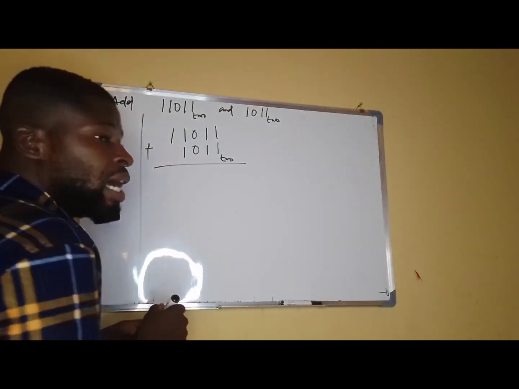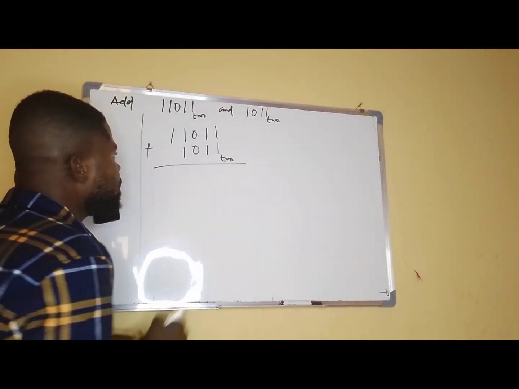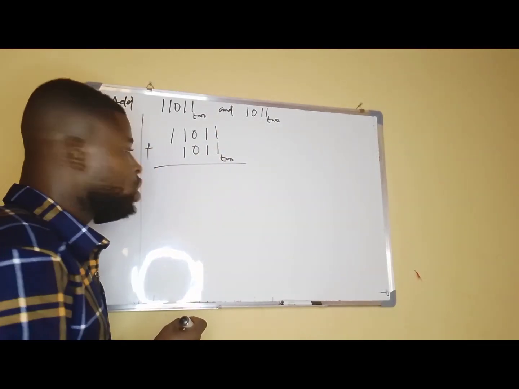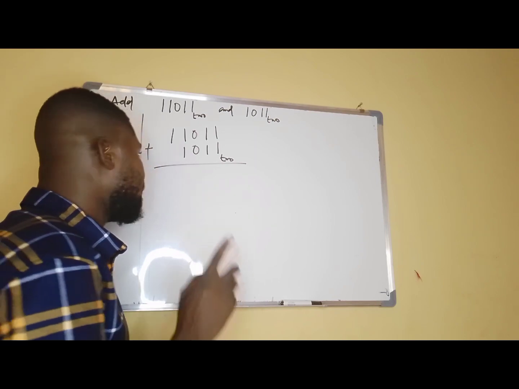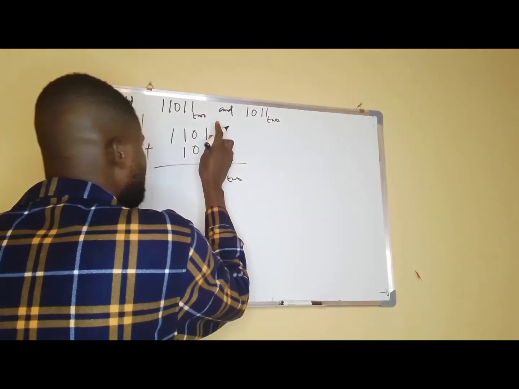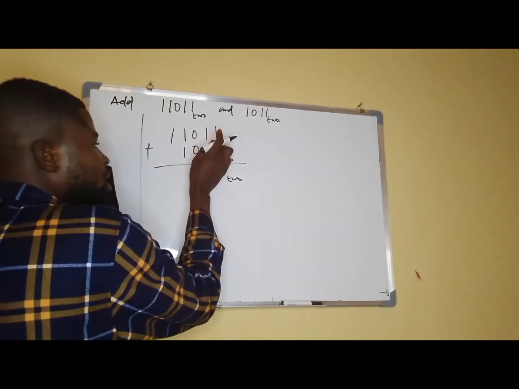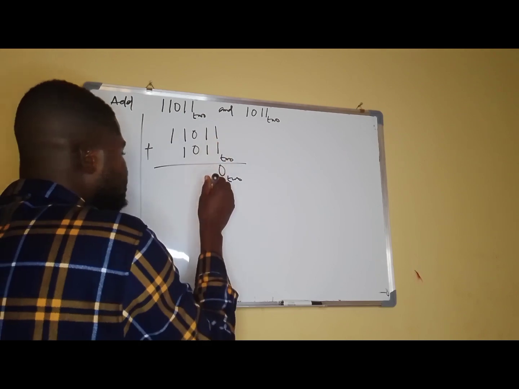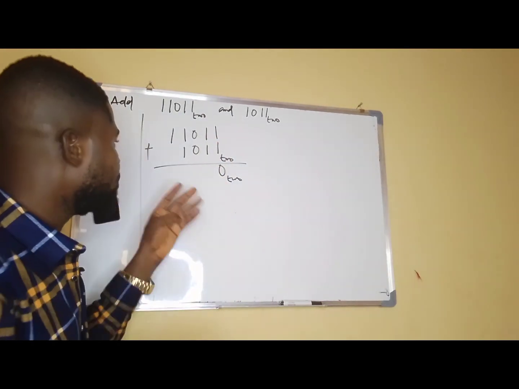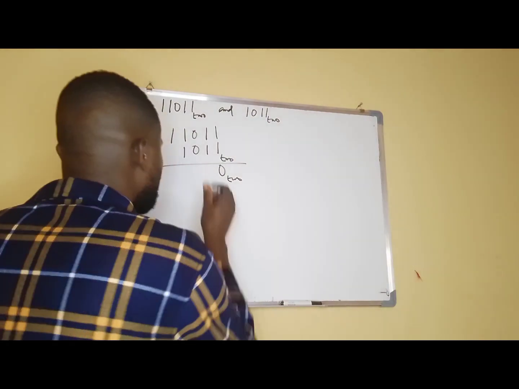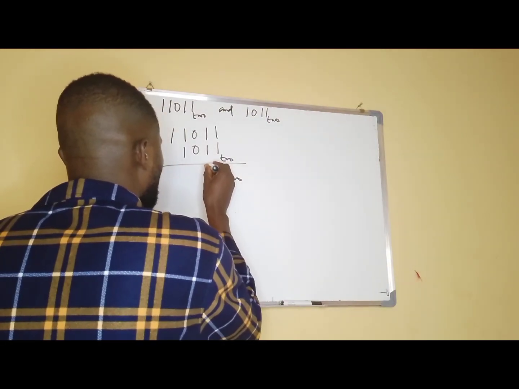This is addition. So now you see 1 plus 1 is equal to 2. 2 divided by 2 will give us a 0 remainder 1. You write 0, remainder 1. You say that 1 plus 1 will give us a 2. 2 plus 2 will give us a 3. 3 now divided by 2 will give us a 1 remainder 1. You write 1.